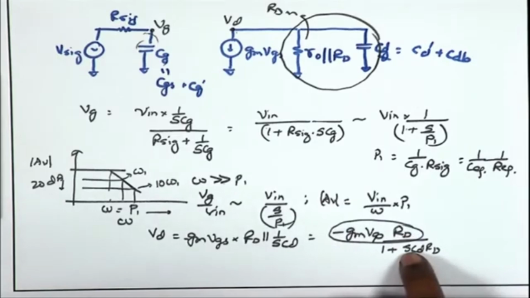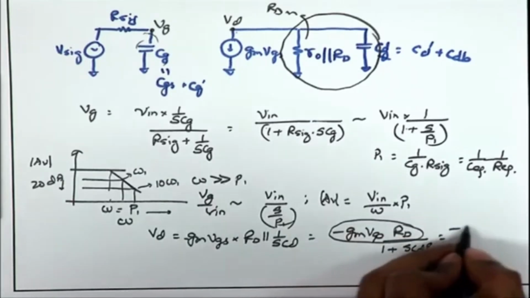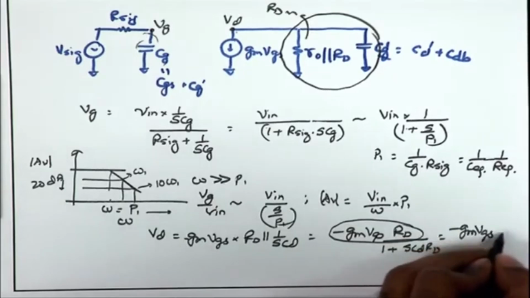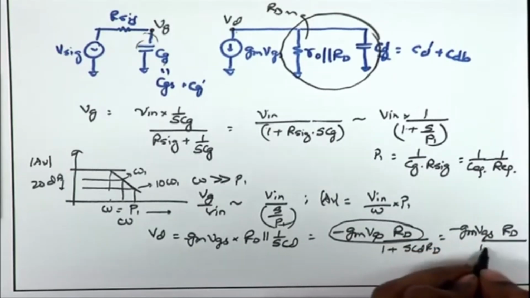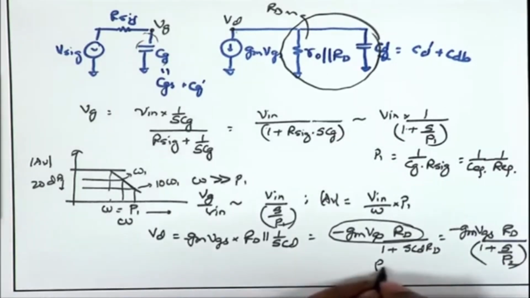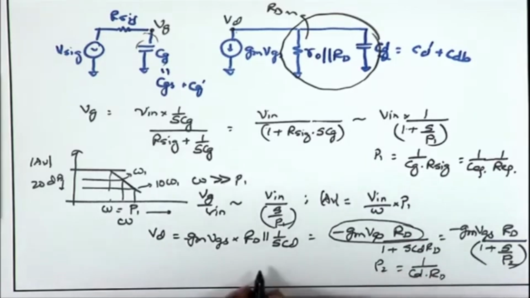But if I go for larger and larger omega, this starts dominating, and you have the 1 upon S relationship coming. So, I can write this as minus Gm Vgs Rd upon 1 plus S upon P2, where P2 is the pole given by 1 upon CD times RD.